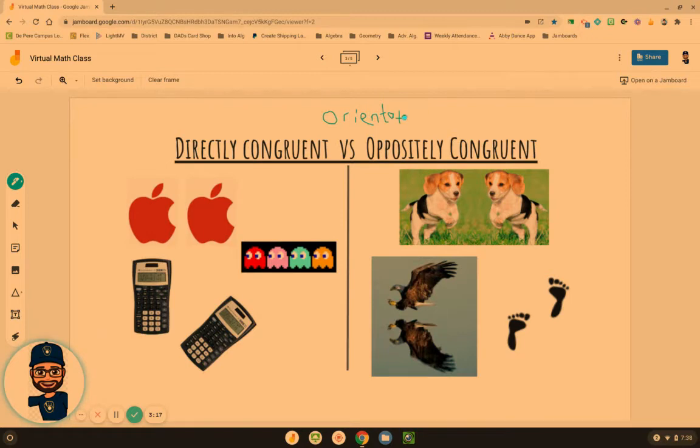If two objects are directly congruent, that means that point A, if it's here, it's also in the top left over here. Or on an older calculator, the equal button is down in the bottom right. It's also down in the bottom right if I rotate it or translate it.